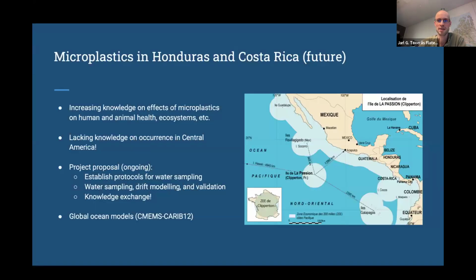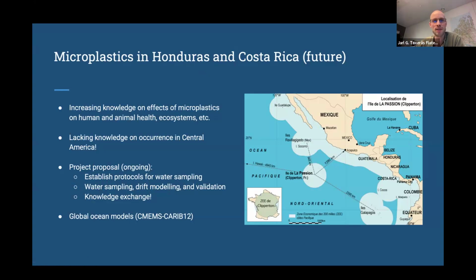Okay, and for the last case, this is really a work in progress, but it uses the same general techniques. And this is to understand the distribution of microplastics in Central America, specifically with partners in Honduras and Costa Rica.